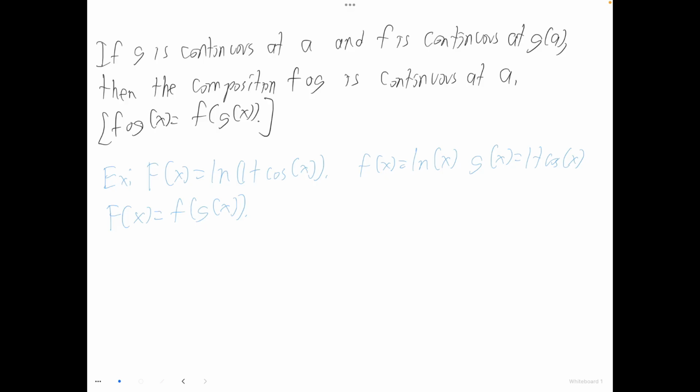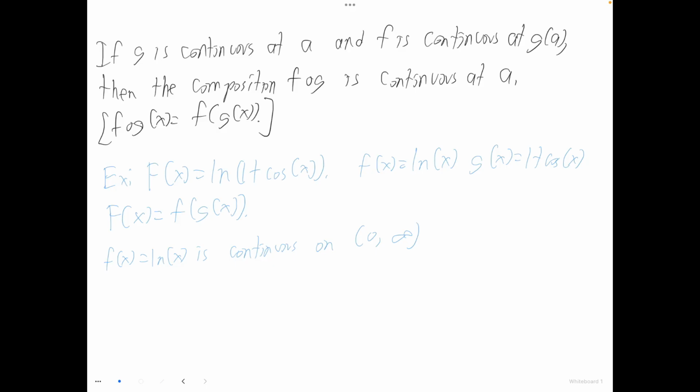Now we know that little f of x, which is ln of x, is continuous on 0 to infinity. And so as long as we're plugging in a positive number, then we will be continuous there.